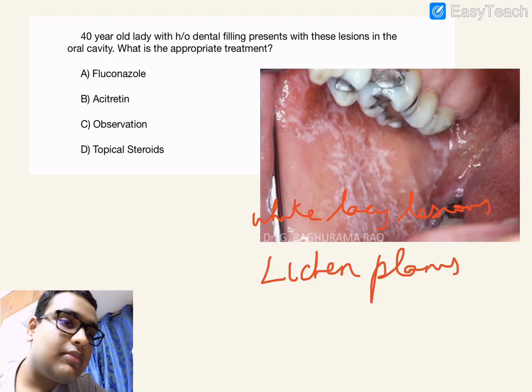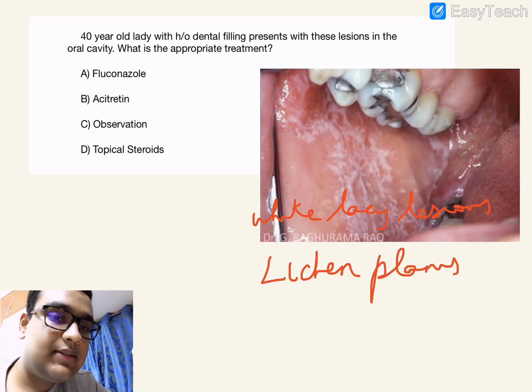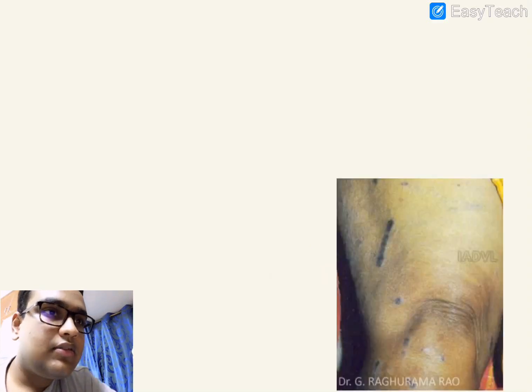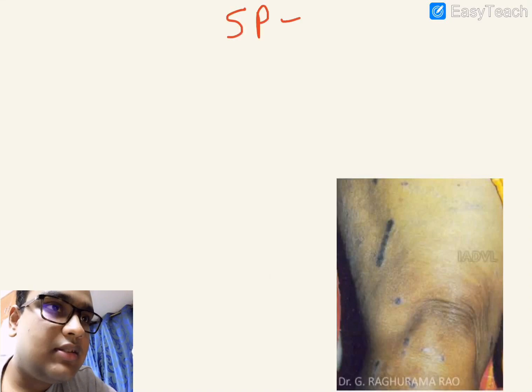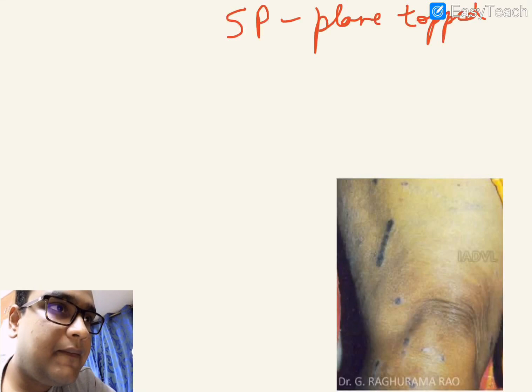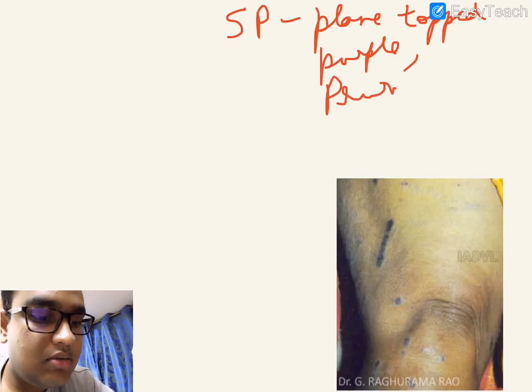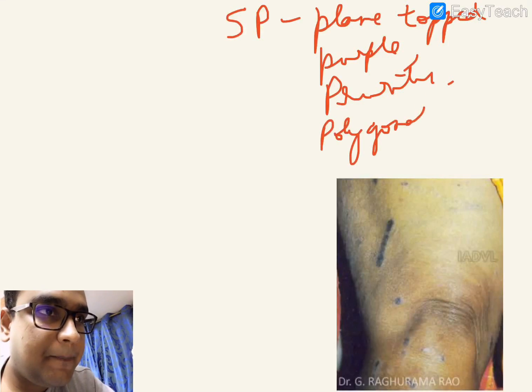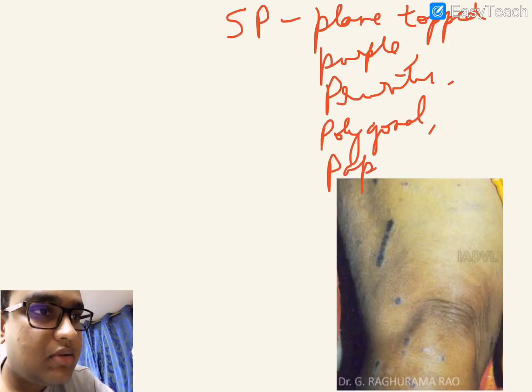You have to remember something in lichen planus which are known as the 5 P's. So what are the 5 P's of lichen planus? They are plain topped, purple, pruritic, polygonal papules.